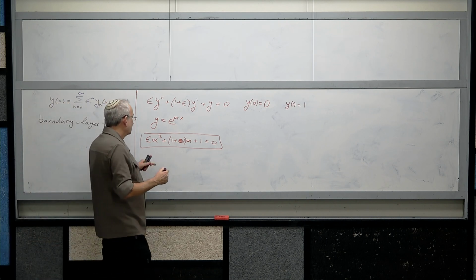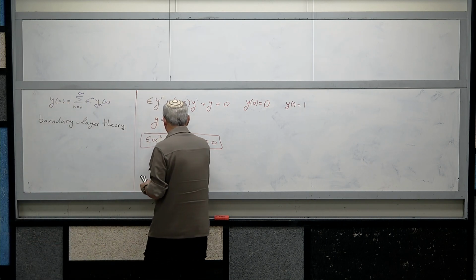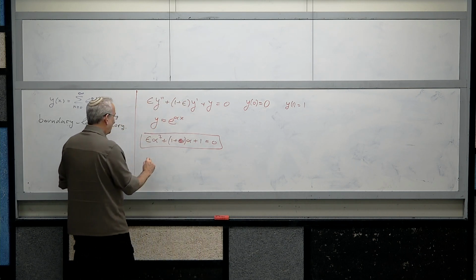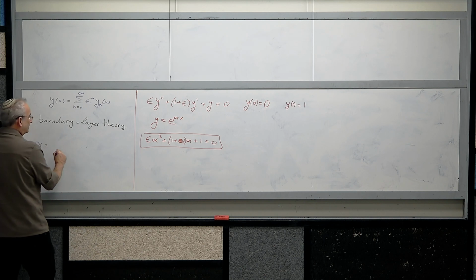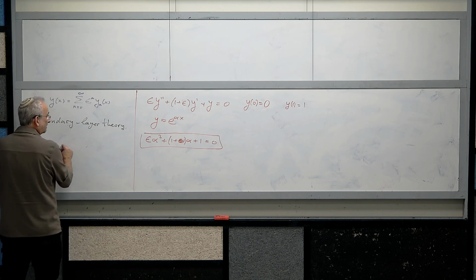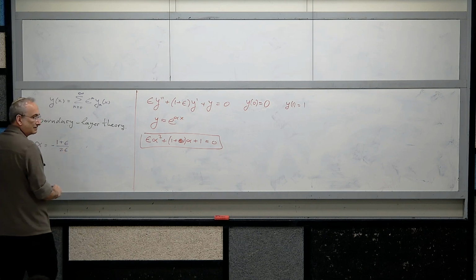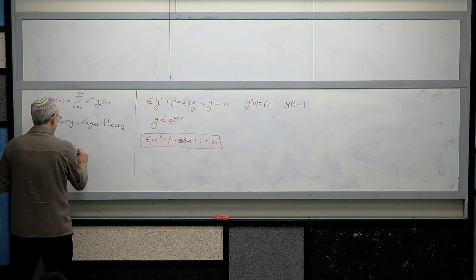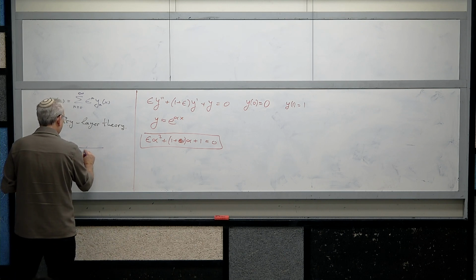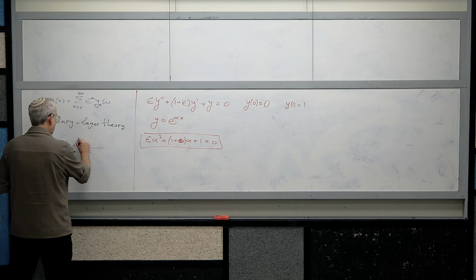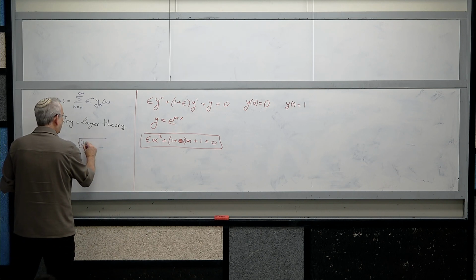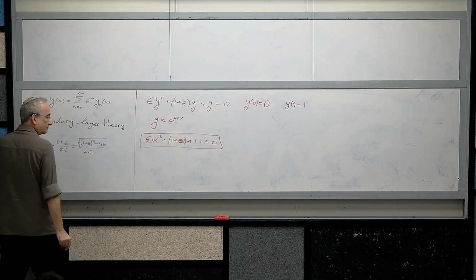Good. So now we have to solve it. We have a quadratic equation for alpha. So I can write that alpha is minus 1 plus epsilon divided by 2 epsilon, plus minus the square root of 1 plus epsilon squared minus 4 epsilon, divided by 2 epsilon.